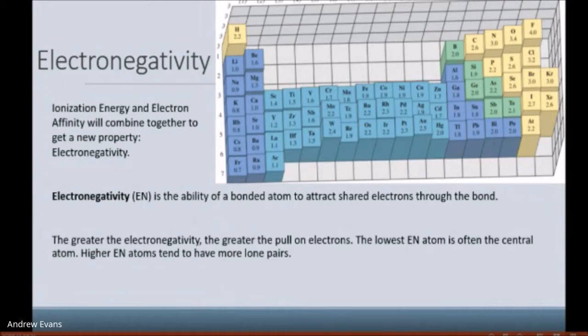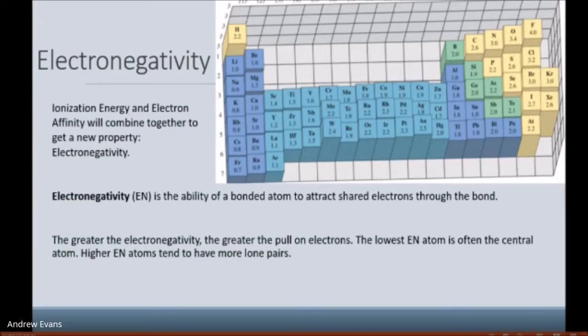Okay. So now this concept is something that will build on the stuff we have just been discussing, and this is electronegativity. It's kind of a combination of the ionization energy and the electron affinity that we just briefly discussed. Ionization energy, remember, is the energy required to remove an electron from a gas phase atom.